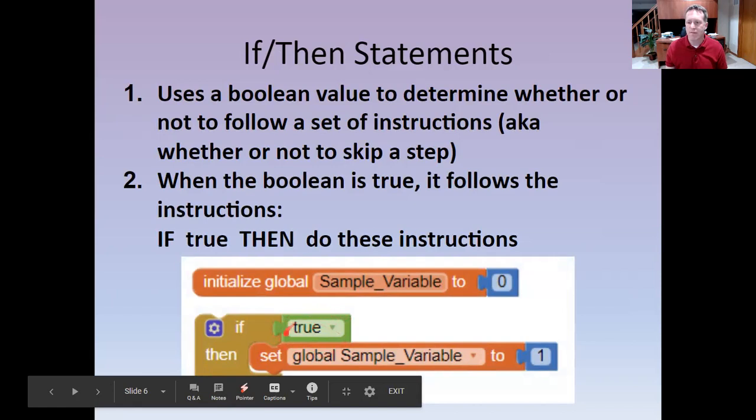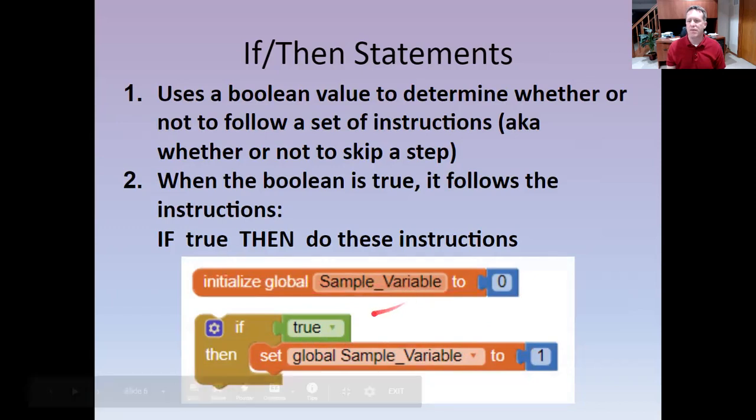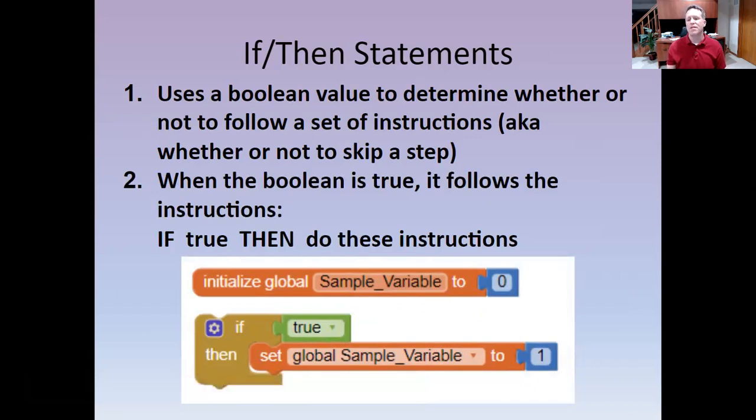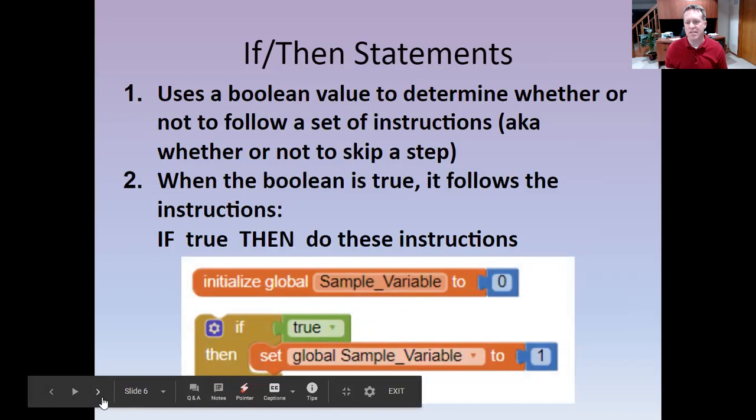So here we have a test that was true, and what you can see this doing is, if the test is true, then it's going to set this variable to be equal to 1. The variable is initialized to be 0, but if the test is true, then it sets the variable to be equal to 1. All right, so that's the basic idea of an if-then statement.